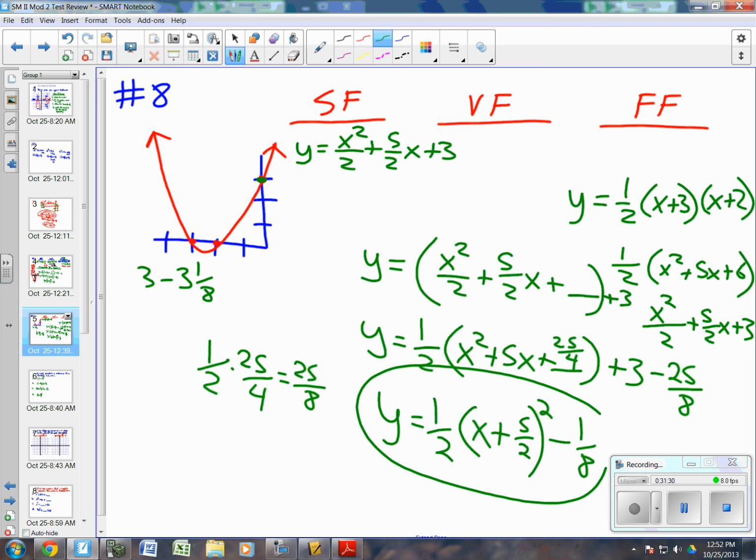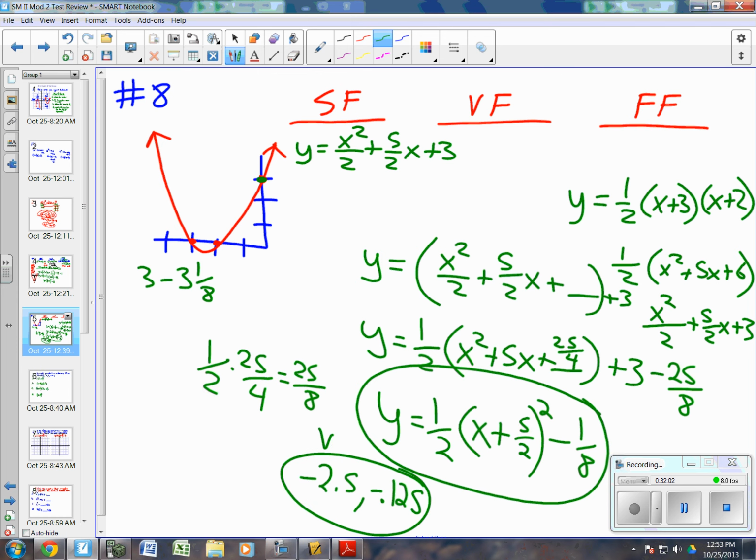So that right there is vertex form. So where's my vertex? Let's write this as a decimal. What's 5/2? That's going to be negative 5/2, which is a negative 2.5, comma, negative 0.125, right?